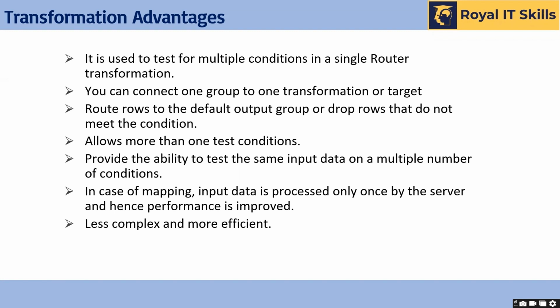Based on the input data, it will decide the groups based on the conditions. It is very less complex and a more efficient transformation. These are some of the advantages of router transformation. We will see how this works in practical.